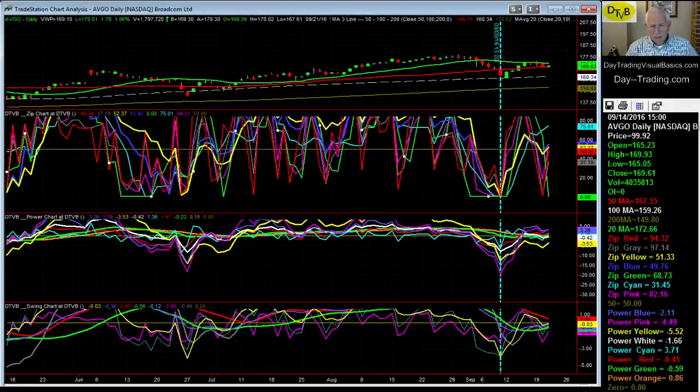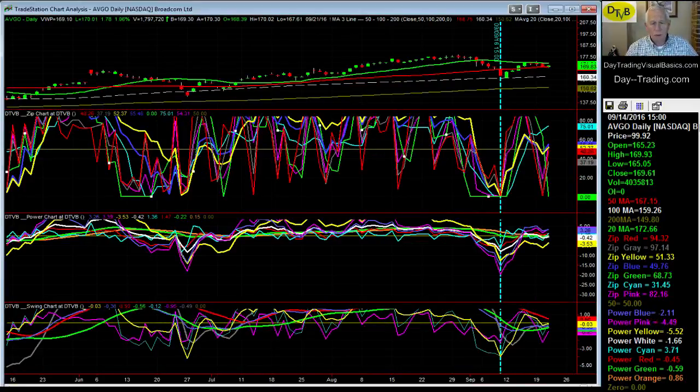There are many signals that are taking place here. One of the primary signals is in the zip green and the zip pink, and this is a pink green bottom, and the pink green bottom does not start in its uptrend unless the pink line is next to the green line.